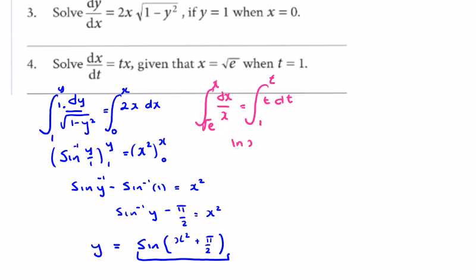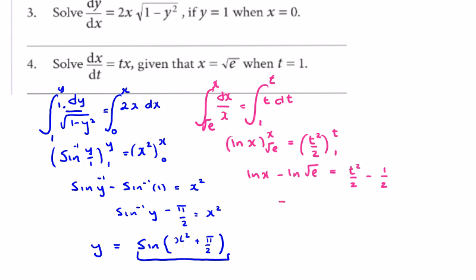So we're going to get the natural log of x between x and root e is equal to t squared over 2 between t and 1. So we're going to get the natural log of x minus the natural log of root e is equal to t squared over 2 minus 1 over 2.